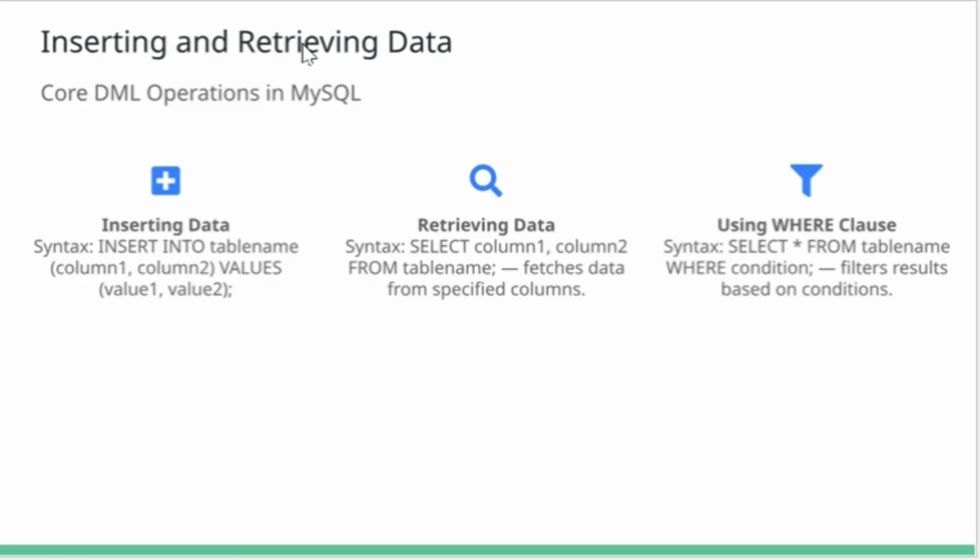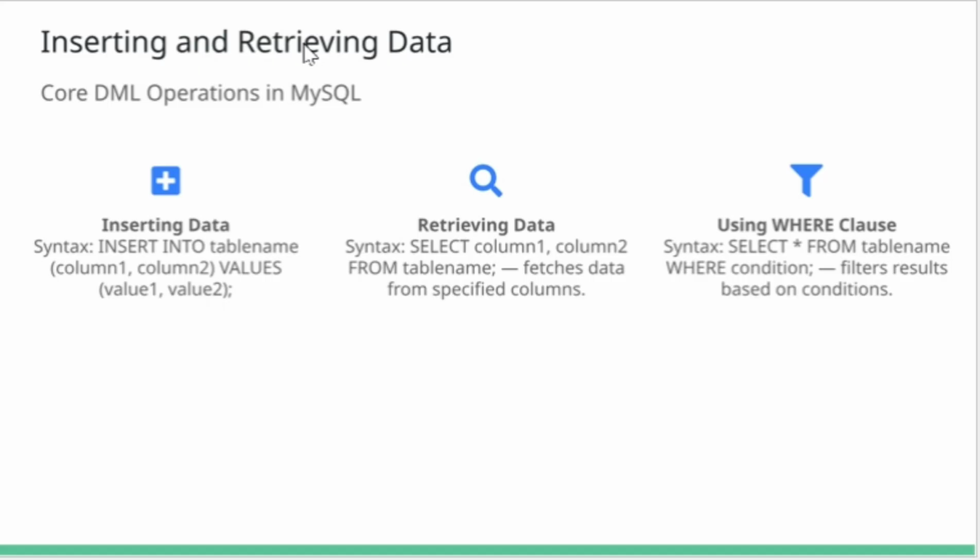So the syntax goes like: insert into table name, column 1, column 2, values in brackets, value 1, value 2, and ending the SQL statement with a semicolon indicates that the particular SQL command is terminated. So in this syntax, we are going to insert some columns with their specific values into the table that we have created in the database.